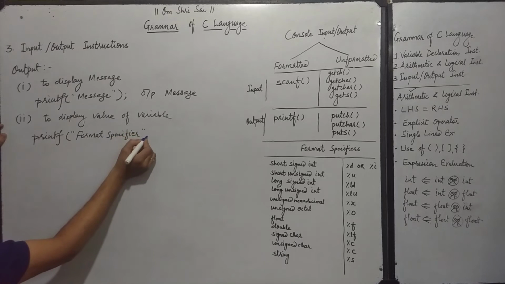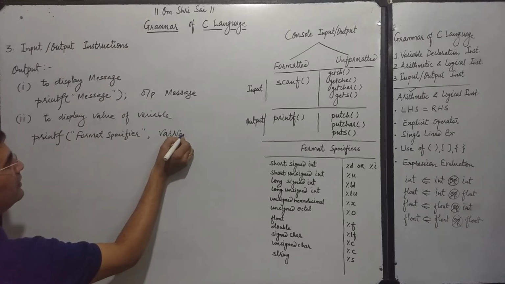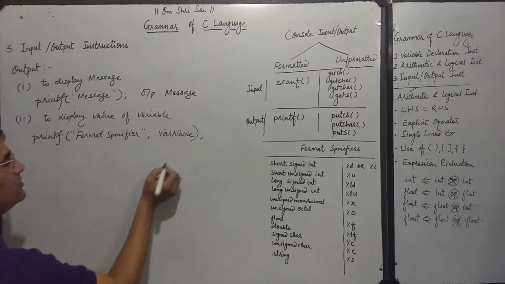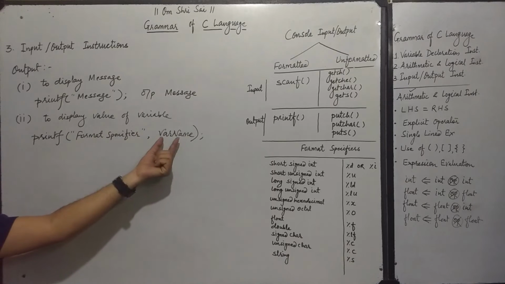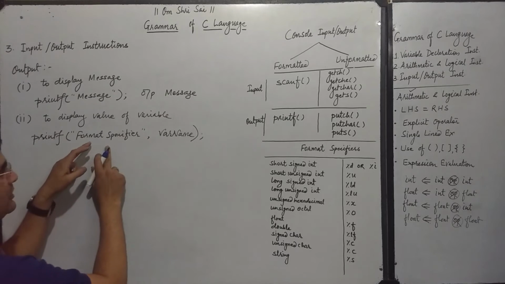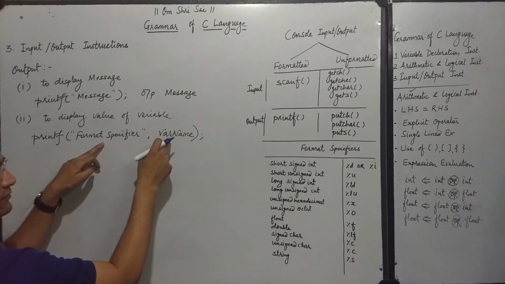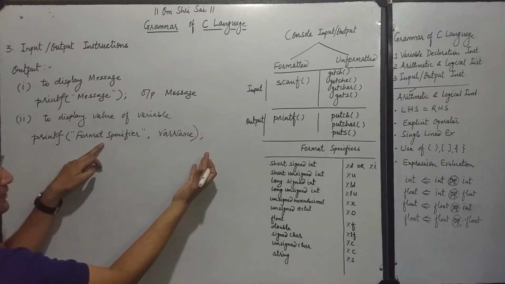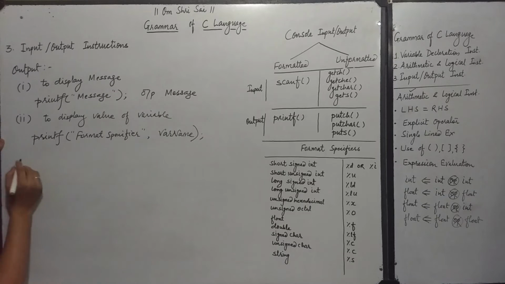Again the format specifier will be dependent upon the type of variable whose value we want to display. This will be the syntax to display the content of this var name. What is var name? Var name is the name of variable whose value is to be displayed. What is format specifier? Again, the format specifier is dependent upon the type of variable whose value we want to display.